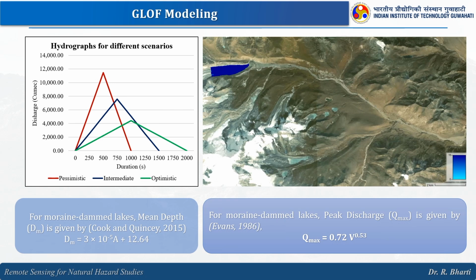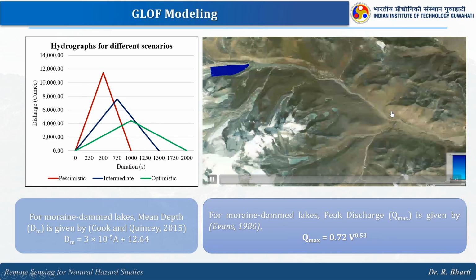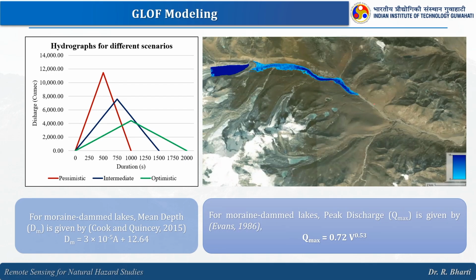This is one example I am showing you of how it looks when you have GLOF modeling, so that you perceive what exactly I mean by GLOF modeling. Because of the breaching, how the water is flowing and how much area will be covered during the peak flood time, accordingly we can have a mitigation policy.